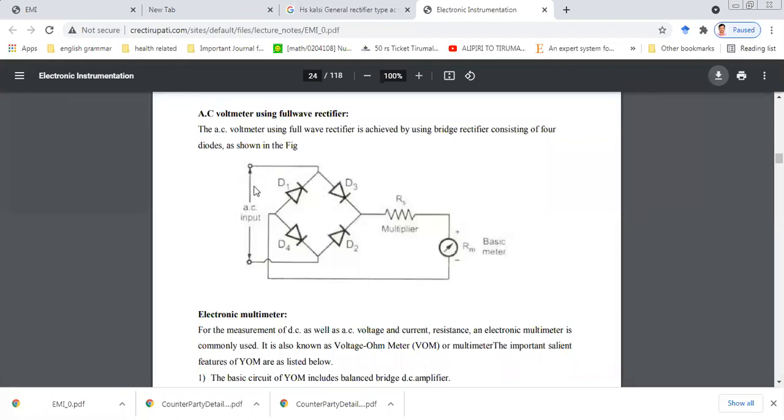So when the positive half cycles and negative half cycles come, the diodes will conduct, and according to that we will get the output voltage from the bridge rectifier. This output voltage is positive half cycles only. That voltage will pass through this meter, and by that we will get the average value of the AC input.